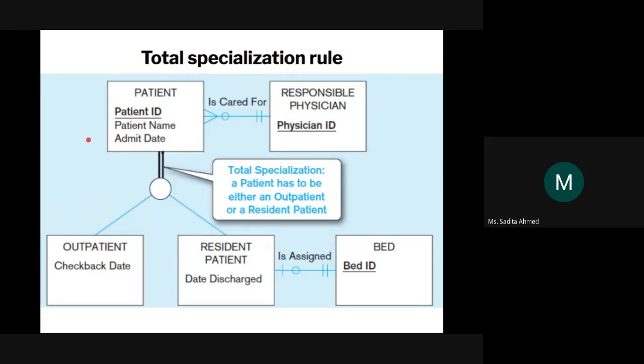But now, based on our discussion, it's obvious that a patient instance cannot be an outpatient and a resident patient at the same time. It doesn't make sense. But the total specialization rule doesn't specify that. এটার জন্য আমাদের disjointness constraint use করতে হবে. To specify that, we have to use the disjointness constraint.